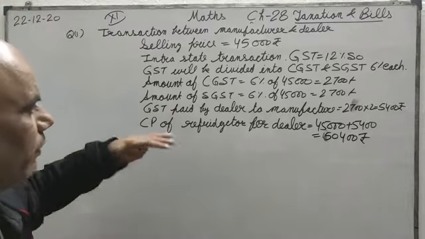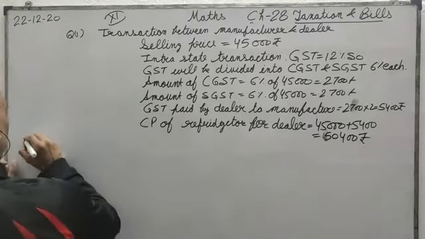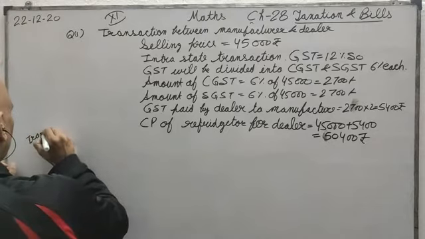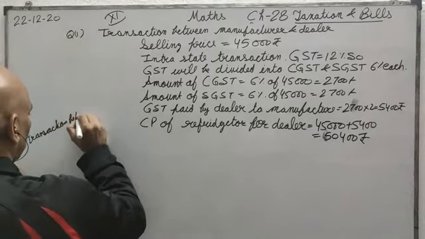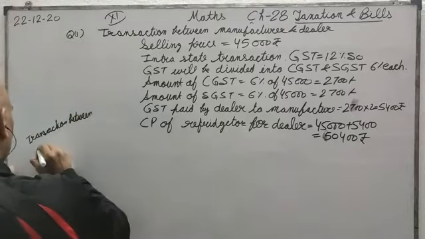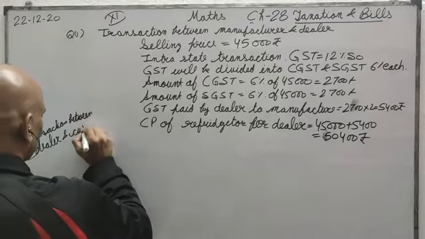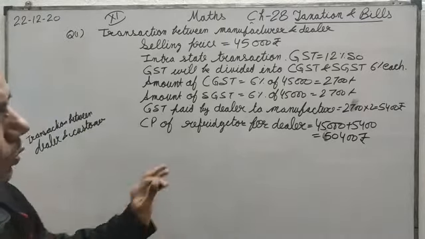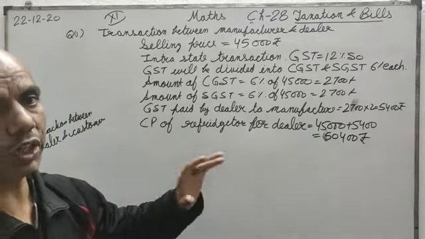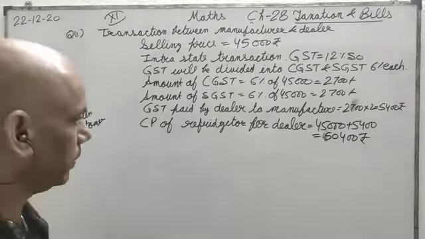Now the refrigerator has come to the dealer. Next is the transaction between dealer and customer. Now he is saying that on this the dealer wants a profit of 4,600 rupees.